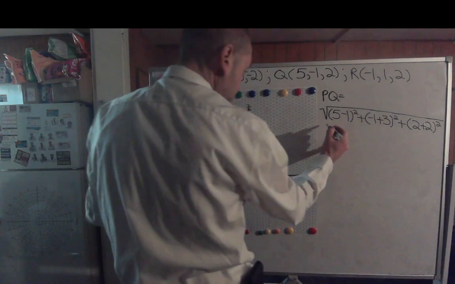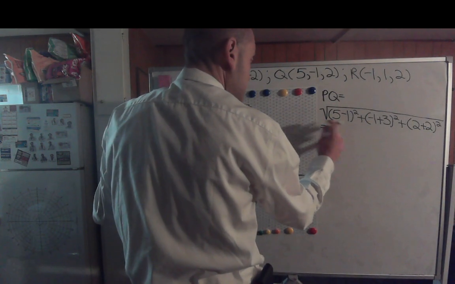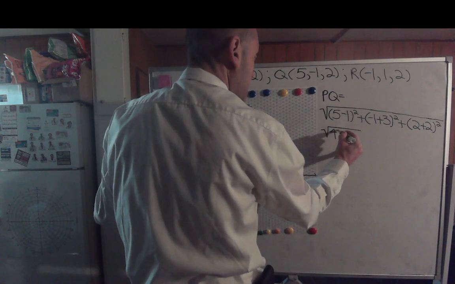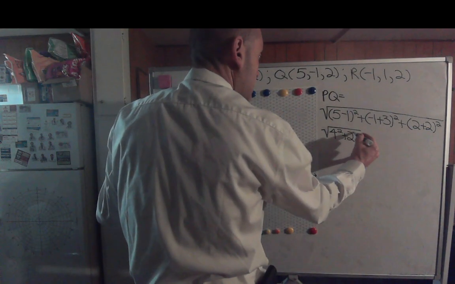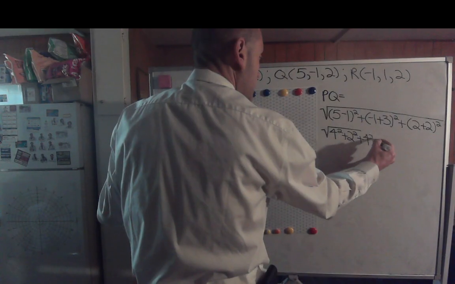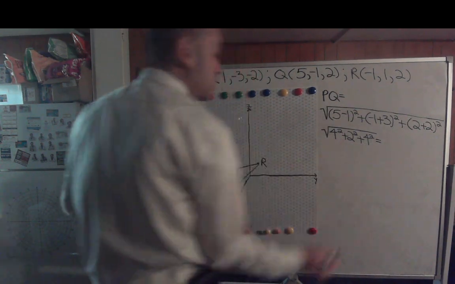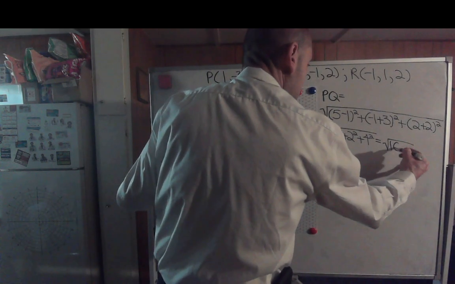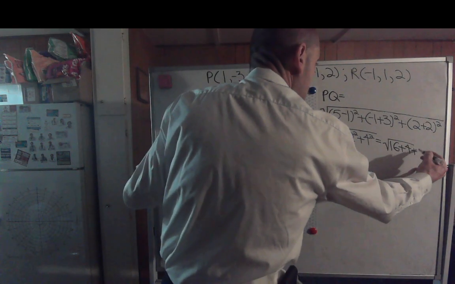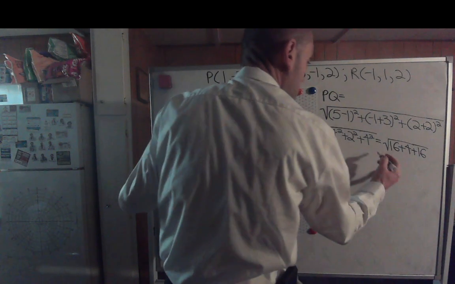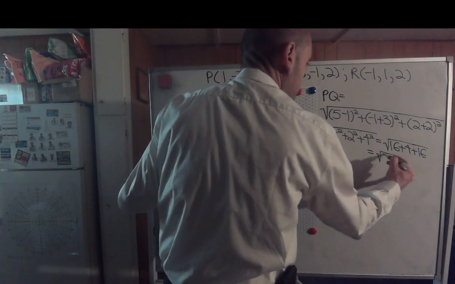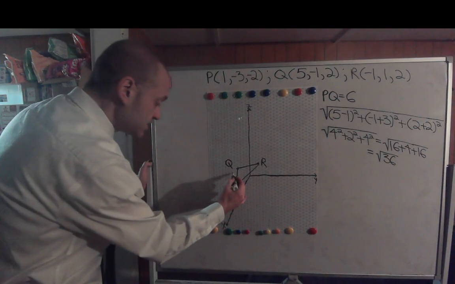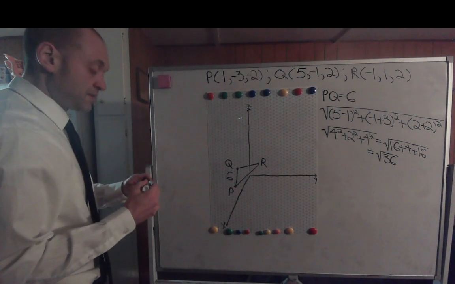Well, we can simplify this. This is going to turn into the square root of 4 squared plus 2 squared plus 4 squared. Well, this turns into the square root of 16 plus 4 plus 16. Well, that actually gives you the square root of 36, which we know to be 6. So side PQ itself would have a length of 6.